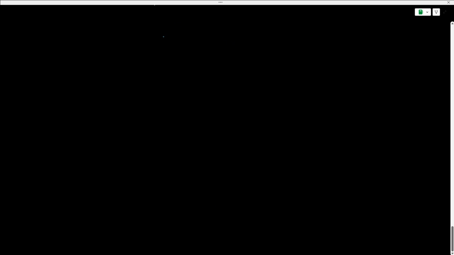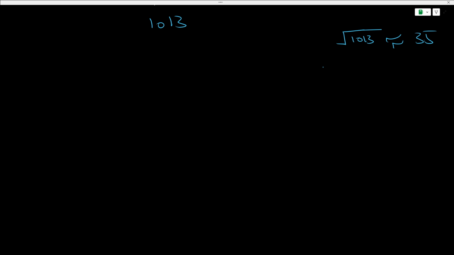We can have large examples as well, large numbers like 1013. First of all, we will take its square root. Let's say its square root is approximately 35. We will take all the prime numbers less than 35 and start to divide this number by all of them.